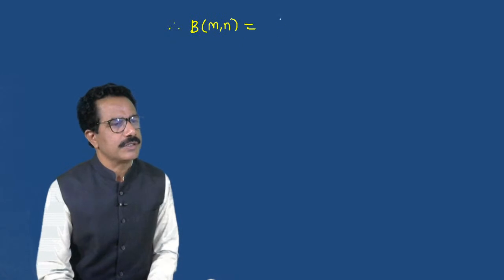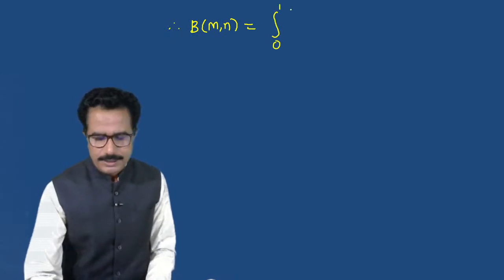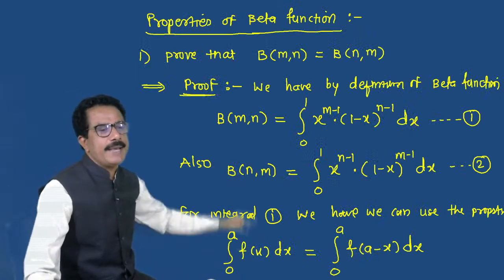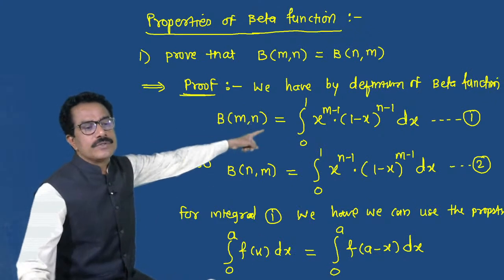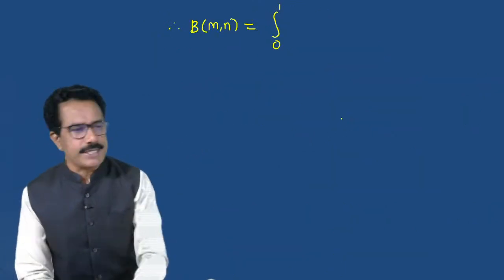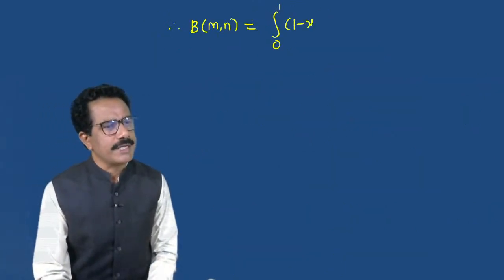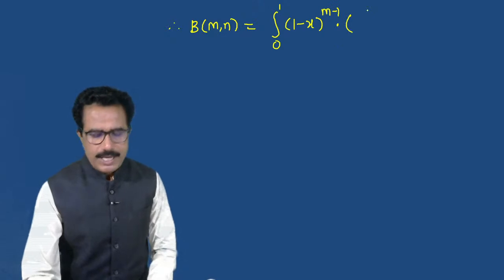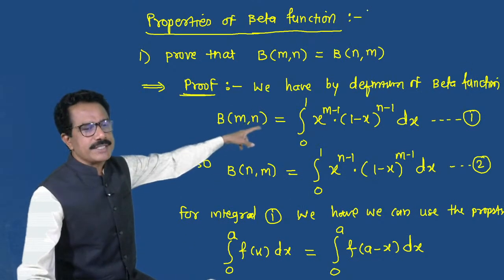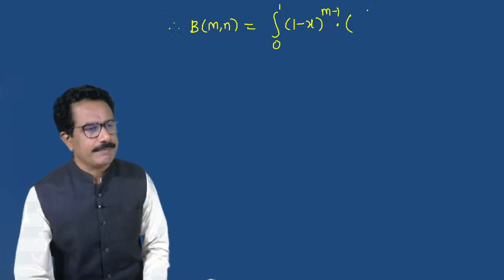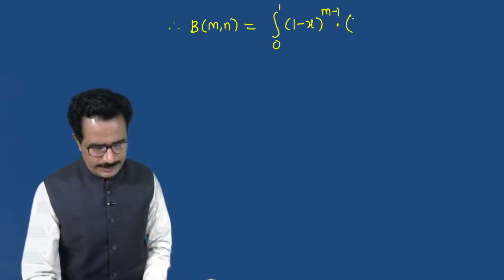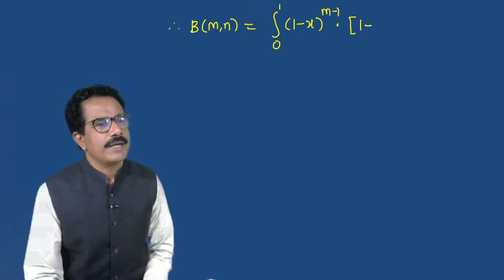Therefore beta m comma n is equal to integral from 0 to 1. What to do? In place of x, a minus x. a means the upper limit 1. So we can write in place of x, (1 minus x) raised to m minus 1, into, again in place of x, 1 minus x. So we can write this as 1 minus (1 minus x) raised to n minus 1 dx.